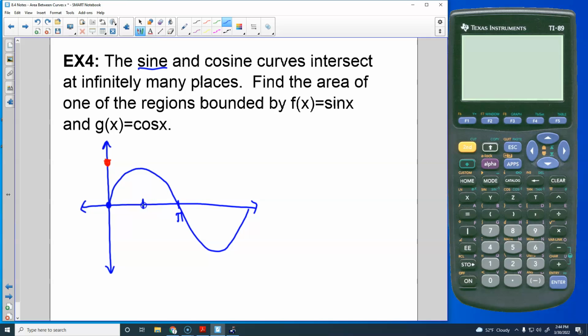Where is it going to hit the x-axis? Between 0 and pi, at pi over 2. So we will integrate here. Then, let's see, our lowest point will be here at -1. I'm trying to make them look kind of the same. And then we'll go back up here.